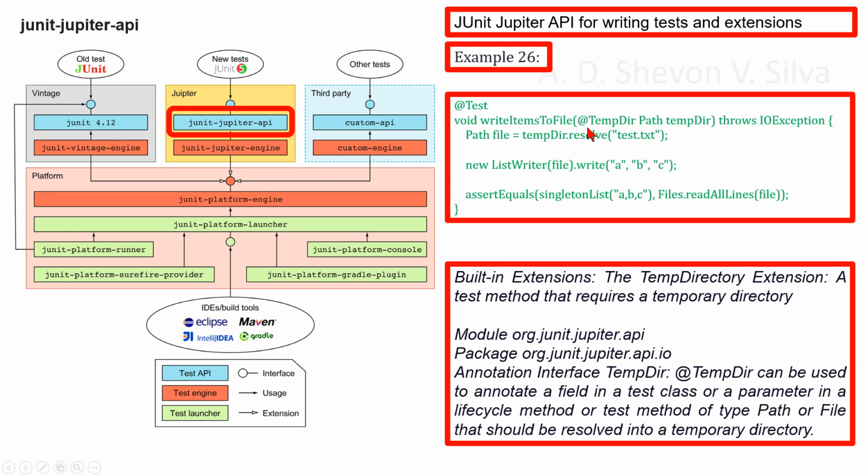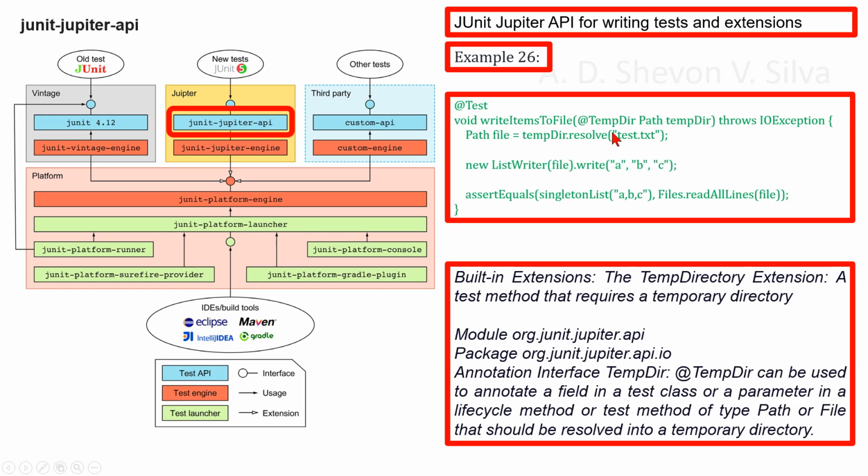The built-in TempDirectory extension is used to create and clean up a temporary directory for an individual test or all tests in a test class. It is registered by default.